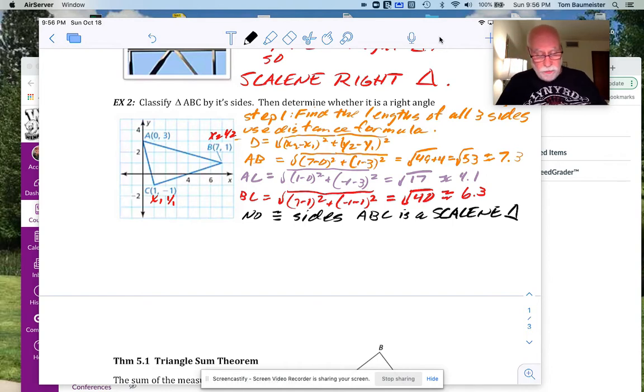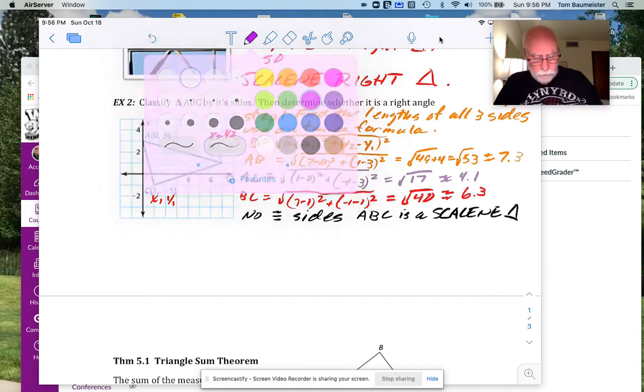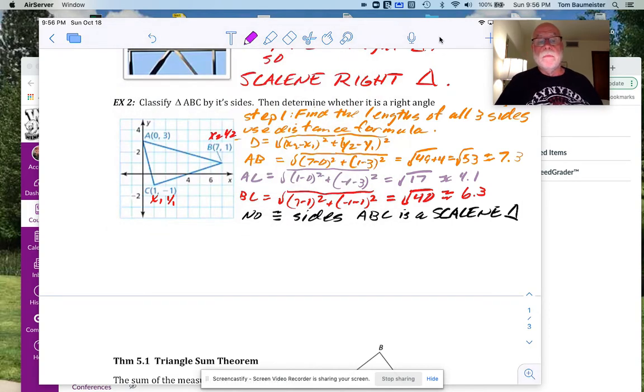So now we still have to look at the angles. All right, so I have to see if there are any right angles. So step 2. Find the slopes of each side.